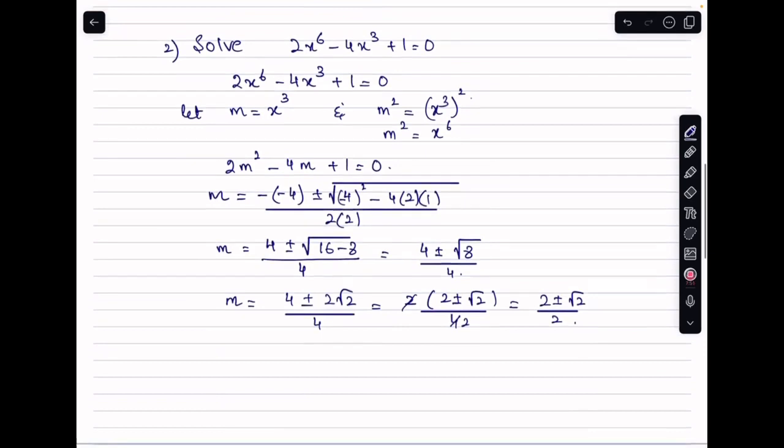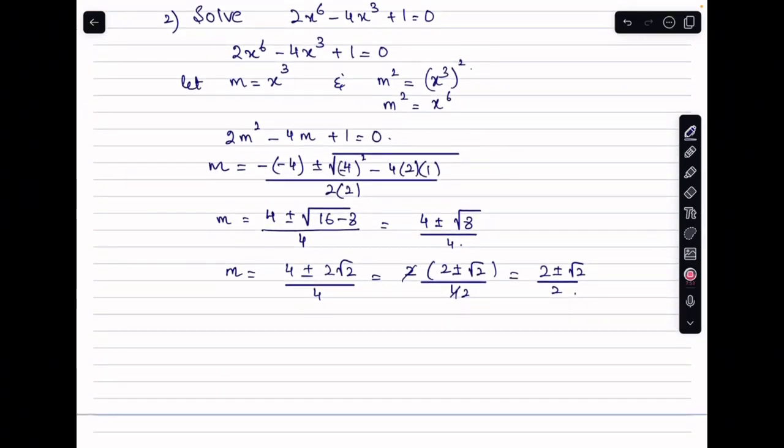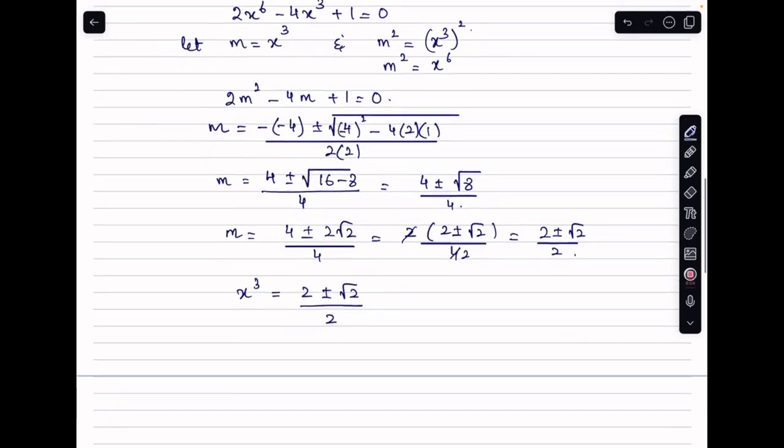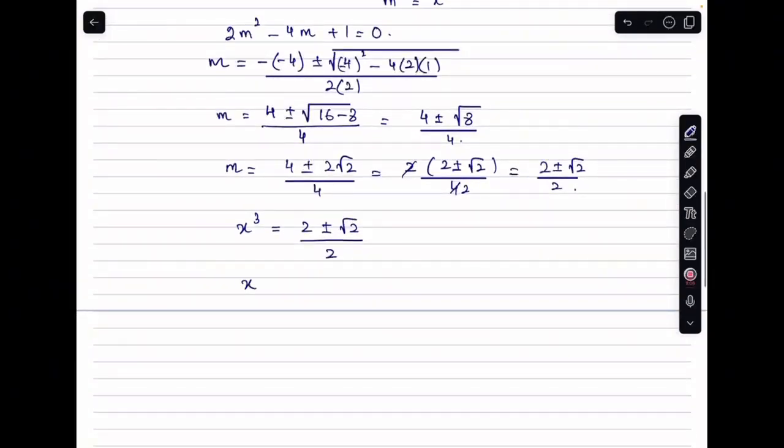So these are the two values of m, but I need to have the value of x. Therefore, I can say that x³ = (2 ± √2)/2. Solving for the x value, x = ((2 ± √2)/2)^(1/3).